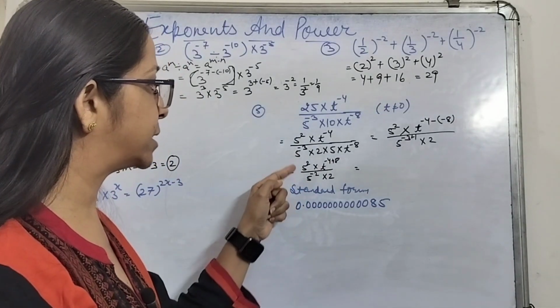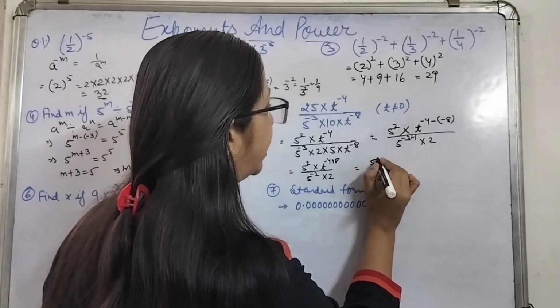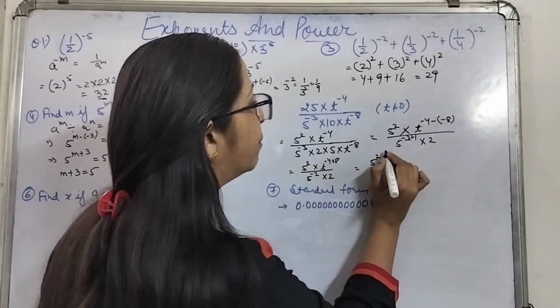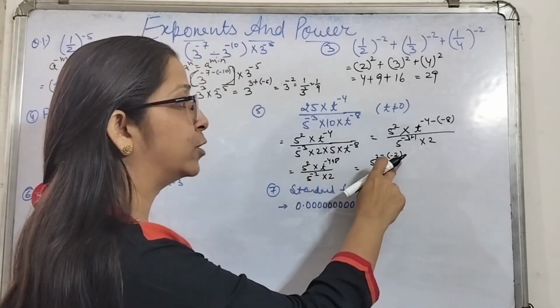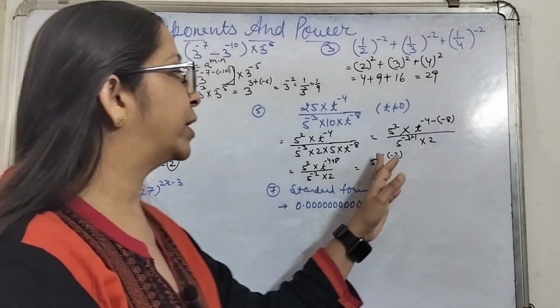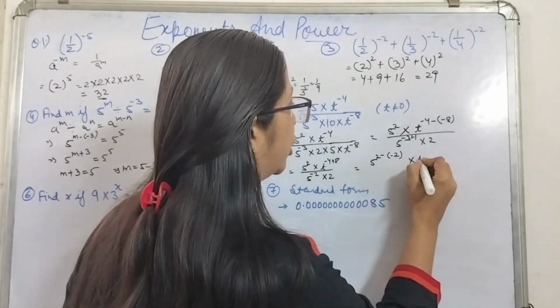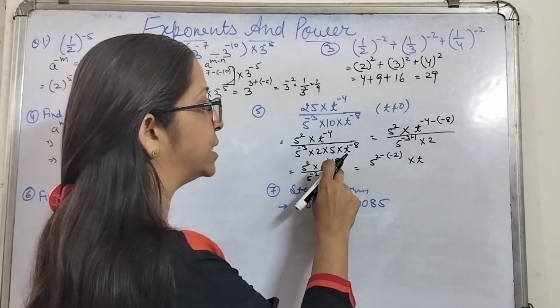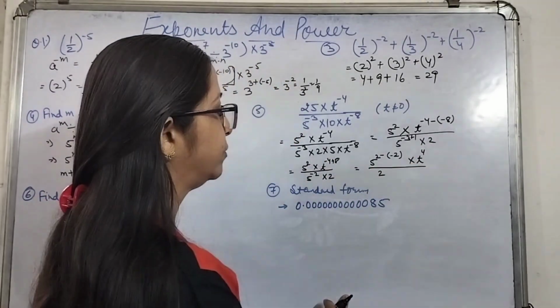So in the numerator it will be 5 raised to the power 2 minus of minus 2. This minus 2 we have taken over here because bases were same and there was a division sign in between, so we have subtracted the powers. Multiplied by your t raised to the power minus 4 plus 8 will be plus 4, divided by your 2.